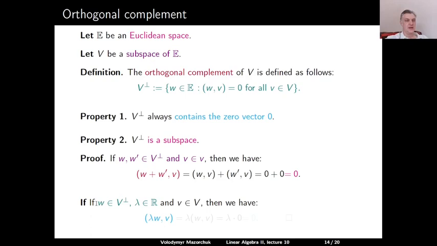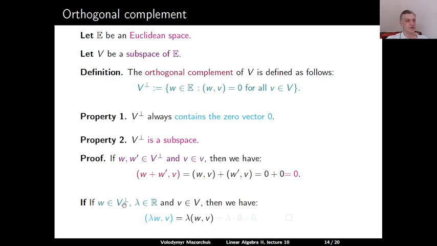Furthermore, if we have a vector w in the orthogonal complement and any scalar lambda in the real numbers, and any vector v in V, then the inner product between lambda w and v can be computed as follows. We can move out lambda using bilinearity, and we get lambda times the inner product between w and v.